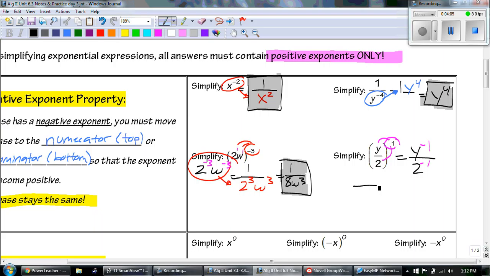And then if my exponent's negative, I drop it like it's hot, so y comes to the bottom. And if it's already on the bottom, I have to bring it to the top. And then that's it. So if you keep hearing that clicking, that's me using the smartboard. Okay?